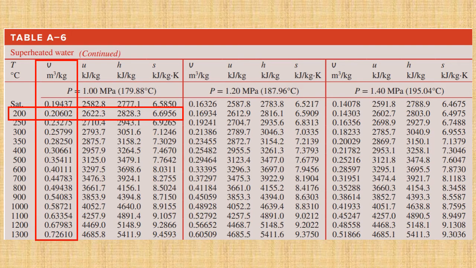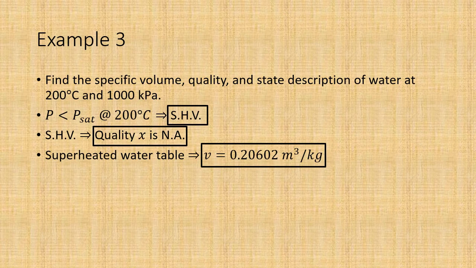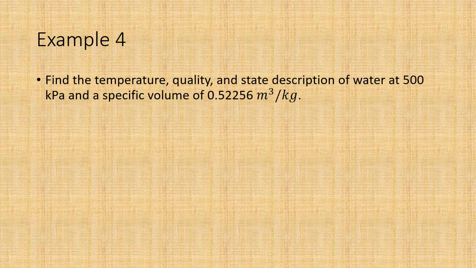The intersection of the temperature row and the specific volume column tells us that our specific volume is equal to 0.20602 meters cubed per kilogram. Now we have found all the answers for this example, and they are listed here. The final answers are in a box.